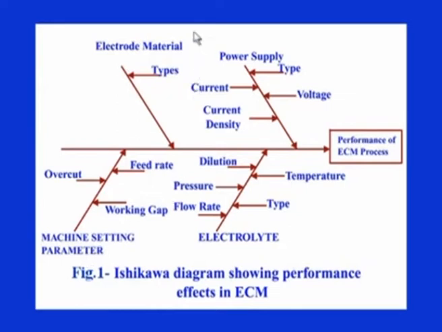In electrode material, the type of the electrode material is highly important, like whether we are using copper or other material, aluminum or graphite, etc.